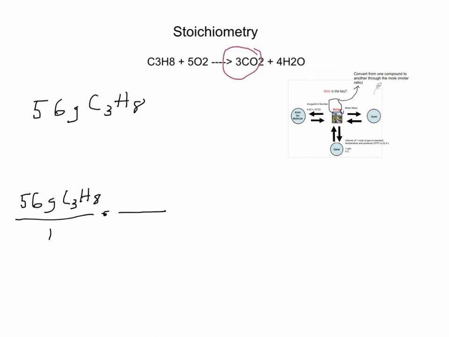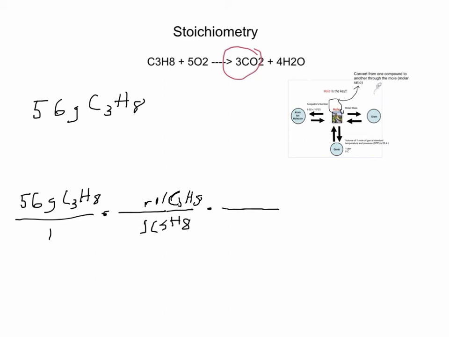So in our next fraction, we'll have grams of propane on the bottom, and on top, we're actually going to convert to moles of C3H8. So we didn't change our compound. It's still propane, C3H8.